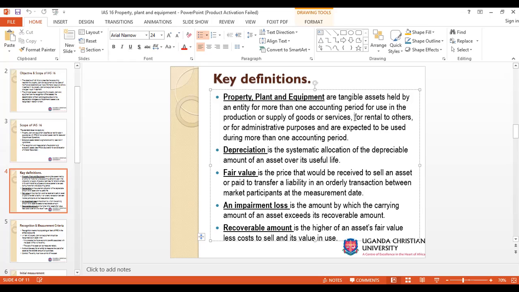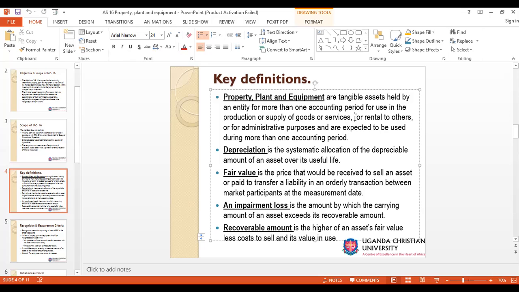Now, when we say for rental to others, let's not confuse it with investment property. It means you pay rent to another person. Some other person has a building, he rents it to you, you pay him rent. That is for rental to others.